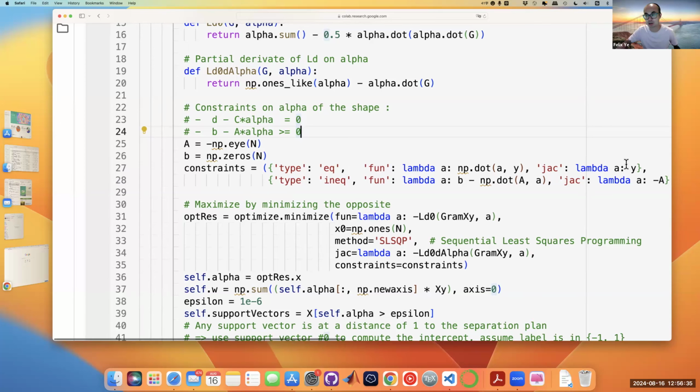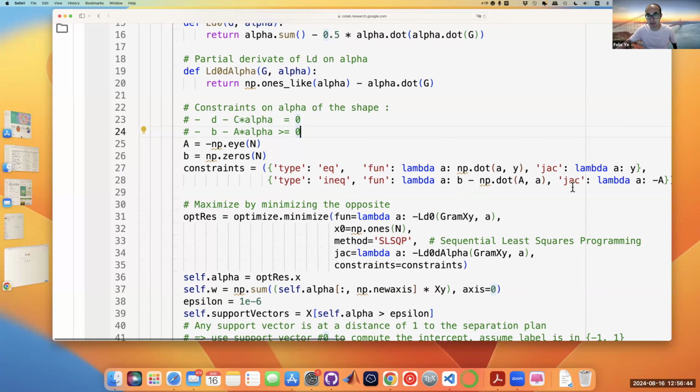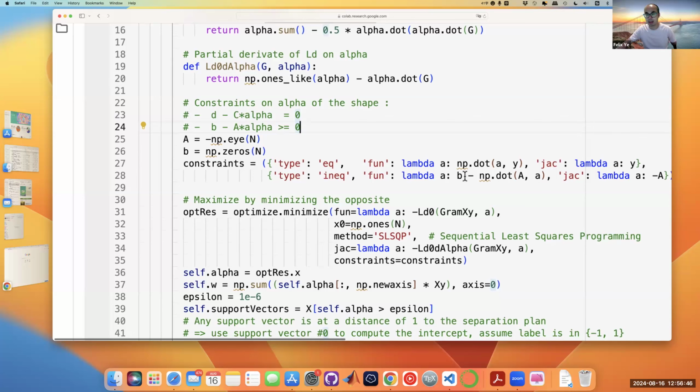You can specify the Jacobian right here, which is y, and the A here is just the identity, right? So identity times alpha has to be bigger than or equal to 0, which is just equivalent to saying alpha has to be bigger than or equal to 0.